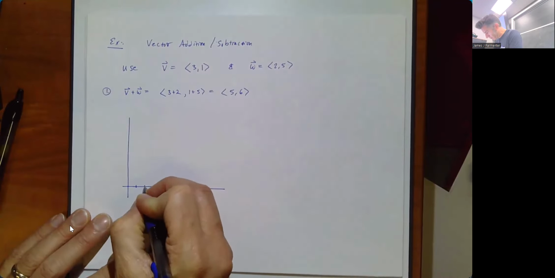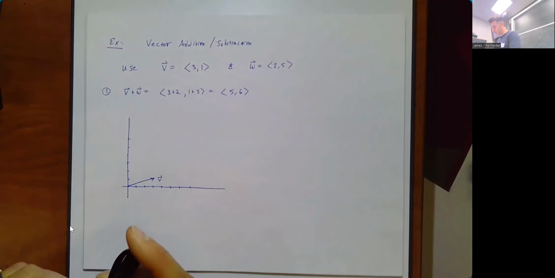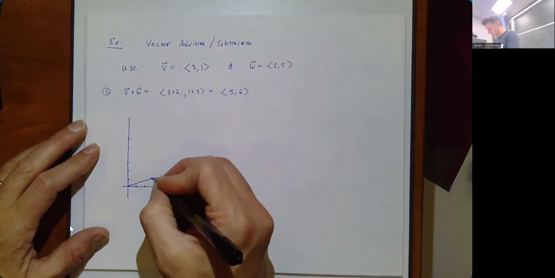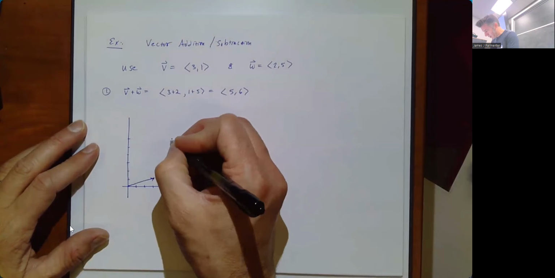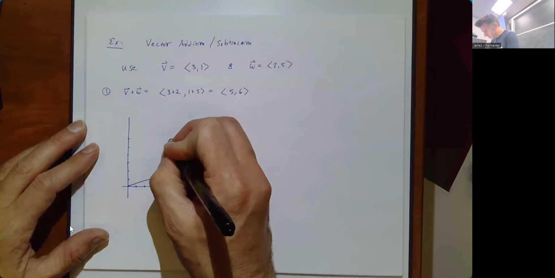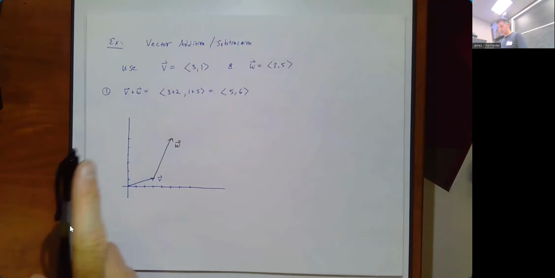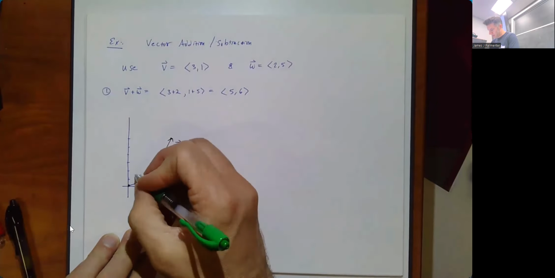And then from v, I'm going to draw the vector w. So the vector w is over 2 to the right and up 5. So over 2, up 5 lands me about there. And the resulting vector that starts there and ends there is the vector.